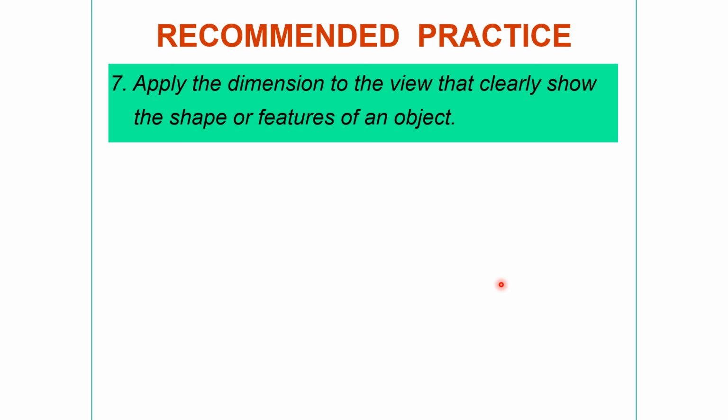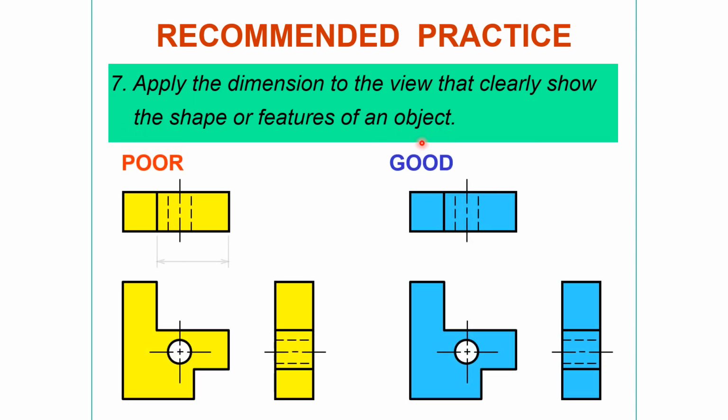Recommended practice: apply the dimension to the view that clearly shows the shape or the features of an object. Here, it will be better that this cut is dimensioned in this view, not in this view, and similarly this side is better dimensioned here, not in the right side view.